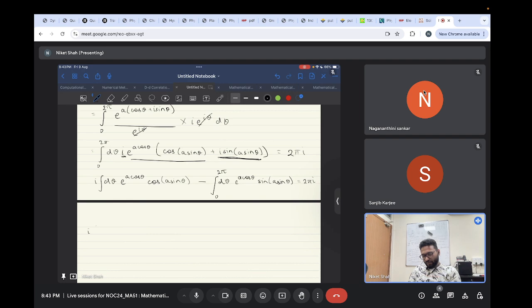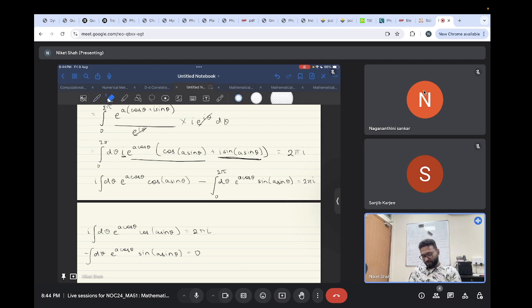So I into integral d theta e power a cos theta cos of a sine theta is equal to 2 pi I, because it's just the imaginary part on the right hand side, and the real part, minus d theta e power a cos theta sine of a sine theta, is equal to 0.